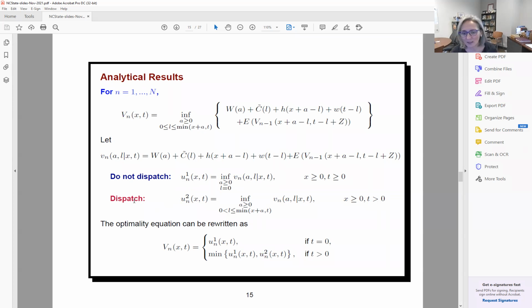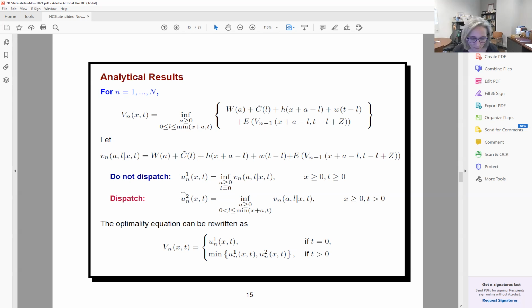If you dispatch, then you know for sure your dispatch quantity L is larger than 0, but it cannot be more than the available supply or the consolidated quantity, whichever is smaller. And then you still need to decide on the inbound replenishment quantity.